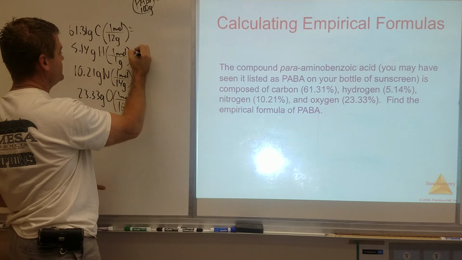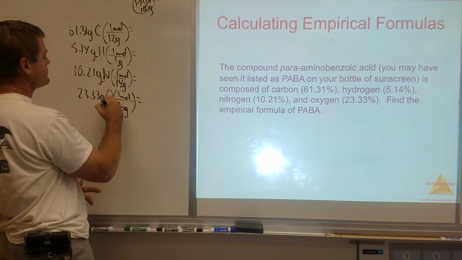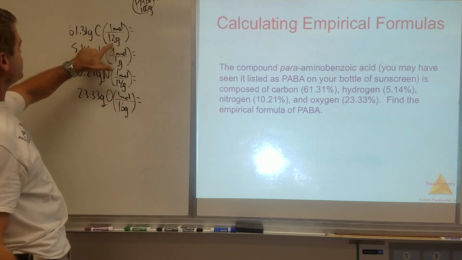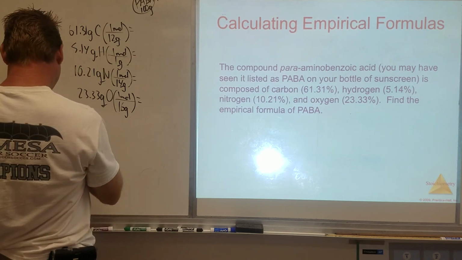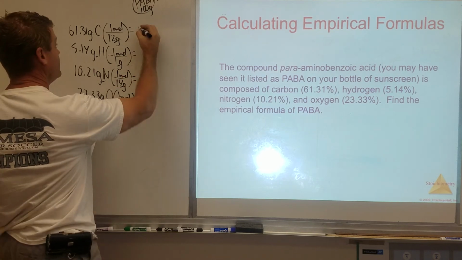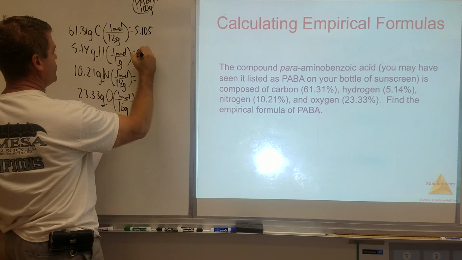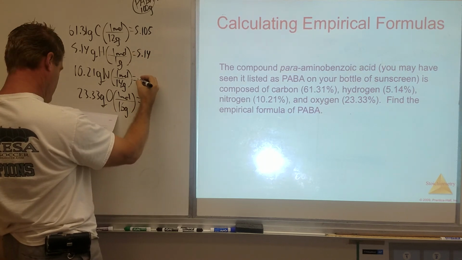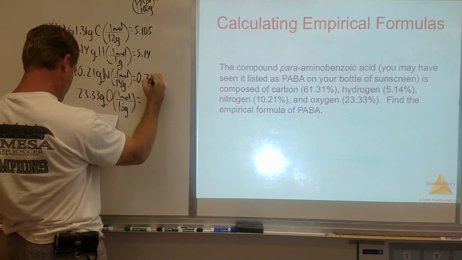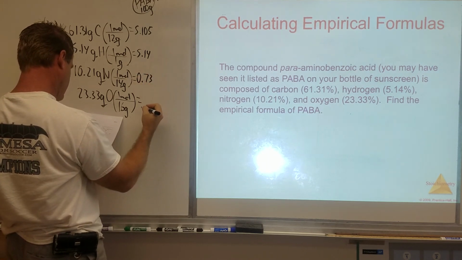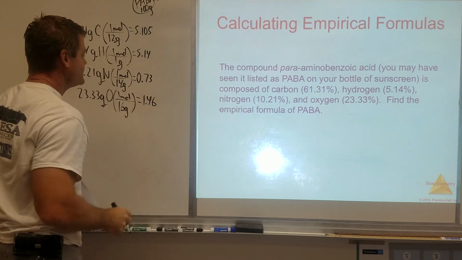So then I do my math. Grams cancels, and I'm going this divided by this divided by that, and so forth. I think I already did it before. I'm going to get something like 5.105, something like that. Here it's 5.14. Here it is 0.73, I believe. And here it's 1.46, something like that.